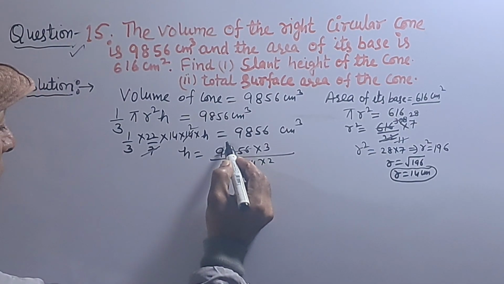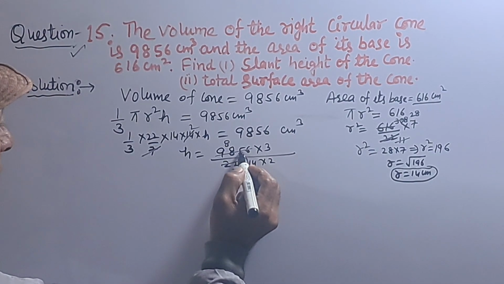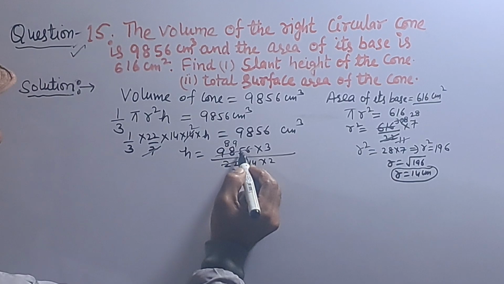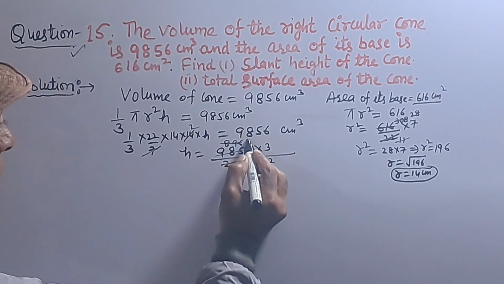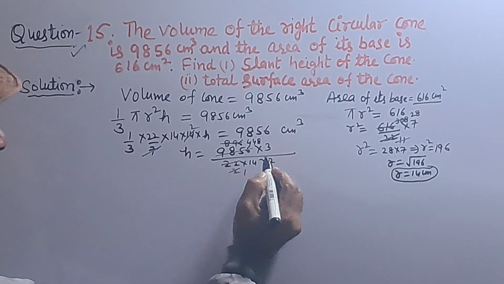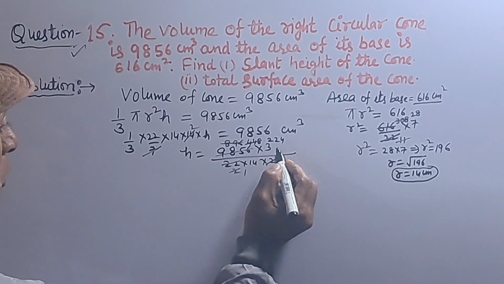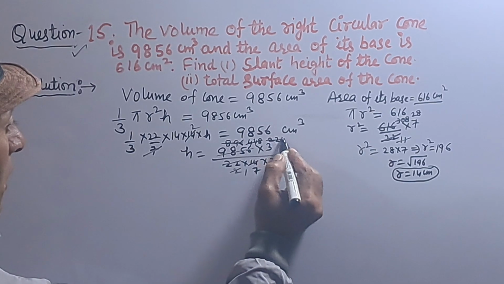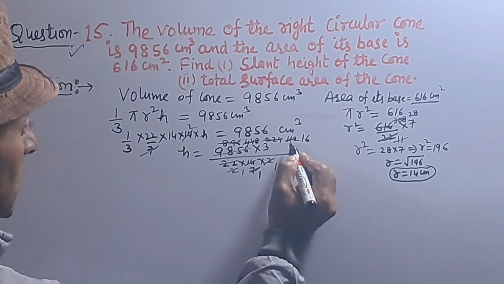11 2s are 22, 11 8s are 88, and 11 9s are 99, 11 6 are 66, and 2 1s are 2, 4 2s are 8, 8 2s are 16. 2 2s are 4, 4 2s are 8, and 7 2s are 14, 7 1s are 7, 16 7s are 112.